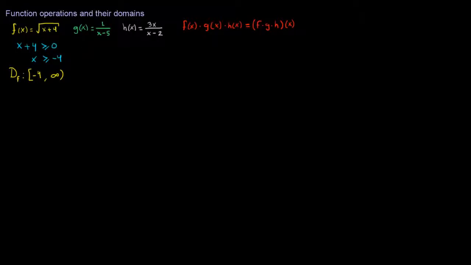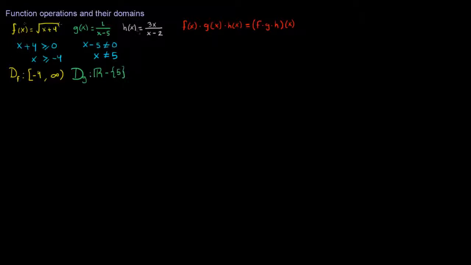As we have a rational expression here, I'm going to take what's in the denominator, which is x minus 5, and make it different from 0. So x has to be different from 5. So the domain of g would be all the real numbers except for the number 5.